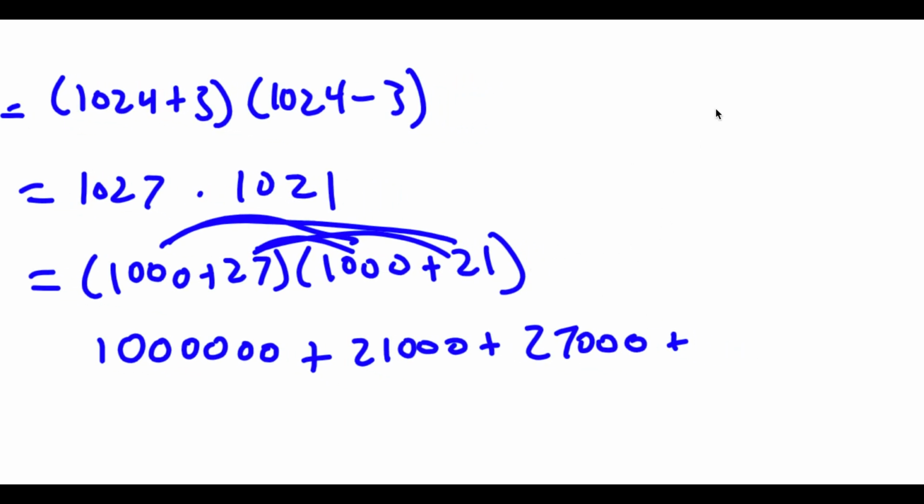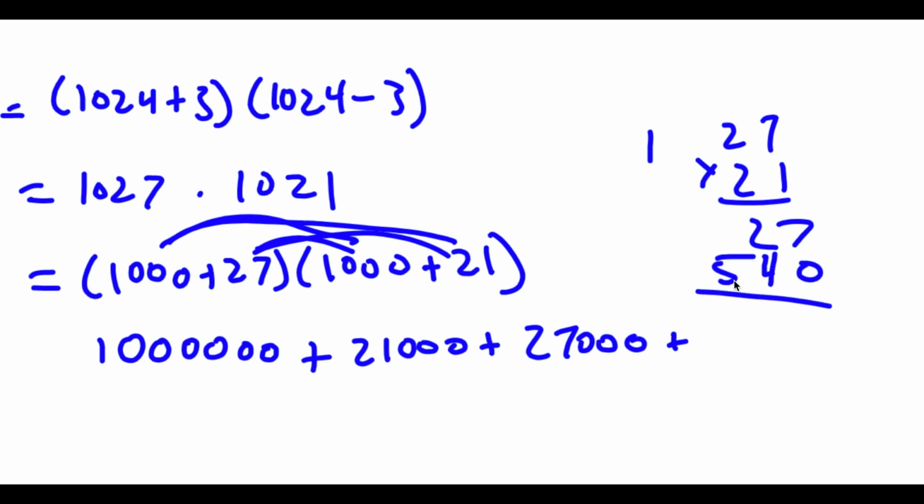And 27 times 21, let's go ahead and do that right here. 7 times 1 is 7. 1 times 2 is 2. 2 times 7 is 14. And 2 times 2 is 4. 4 plus 1 is 5. So now if I add these, I get 567.